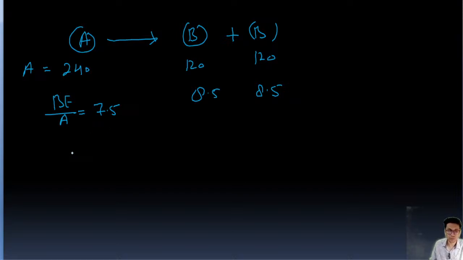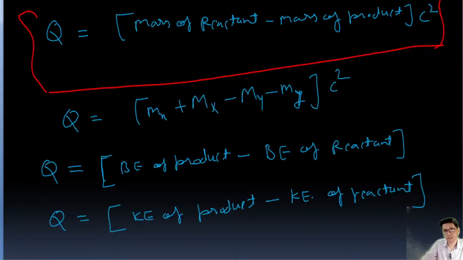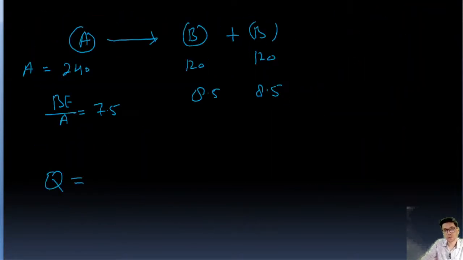So we'll find the Q value. I have explained three formulas earlier, and we'll use the binding energy formula. Q value is binding energy of product minus binding energy of reactant.